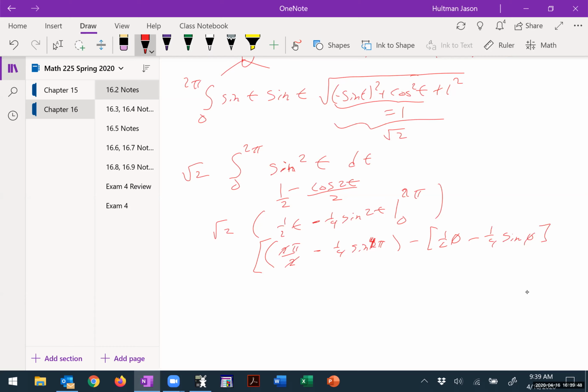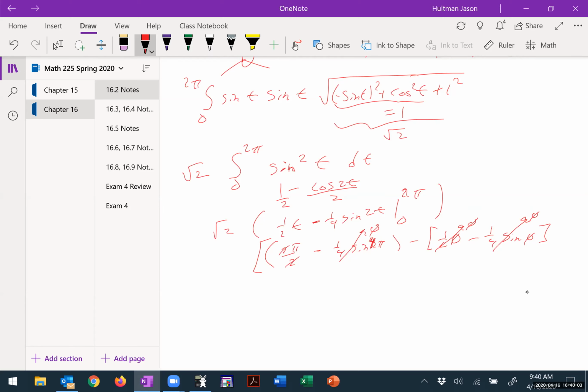Well, what's the sine of 4 pi? 0. What's the sine of 0? 0. The only thing that survives here is the pi and the radical 2. So this is pi radical 2.